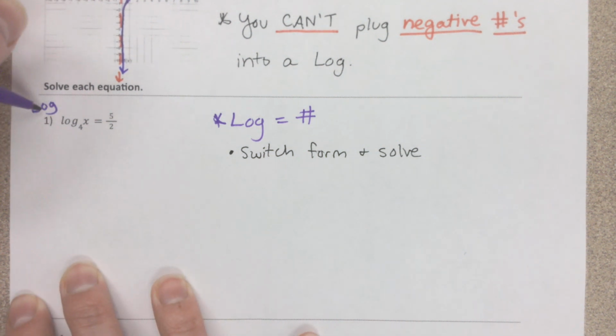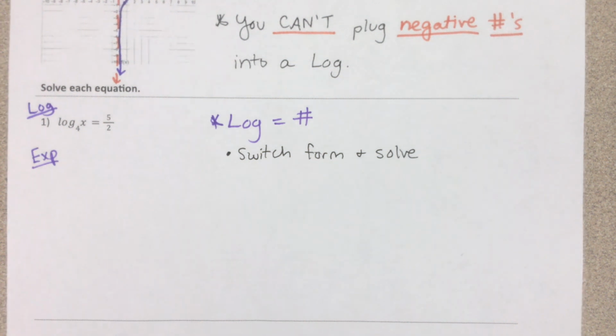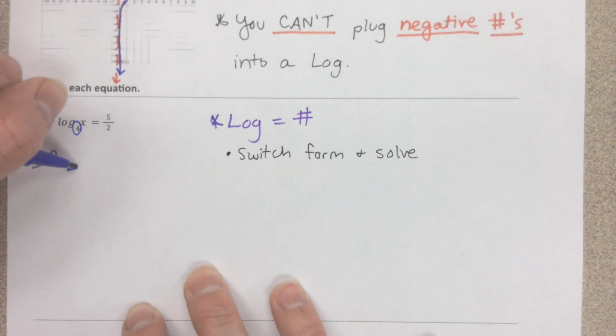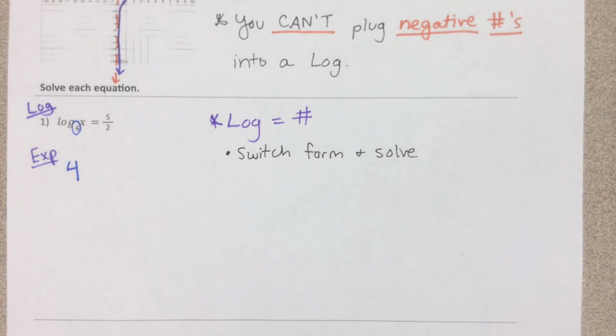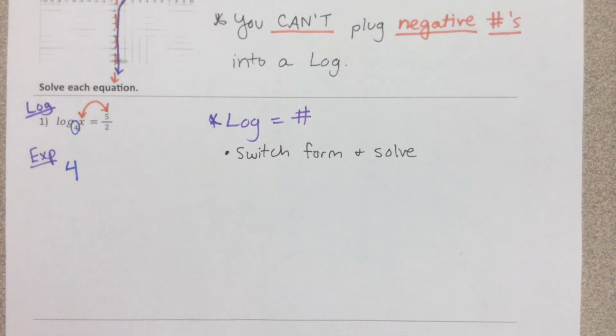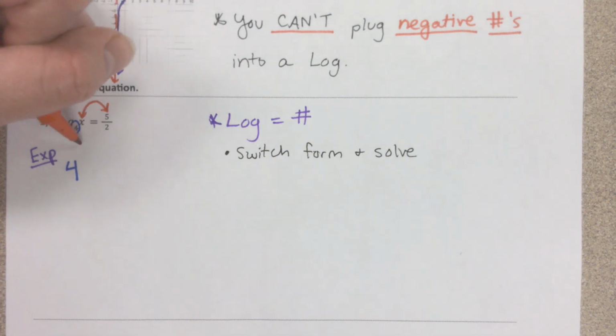So we are in log form currently, and we're switching to the other form, exponential form. Base stays base, the other two switcheroo. My base here is 4, big 4. The other two switcheroo. This is exponential, so the next thing is the exponent, 5 over 2.